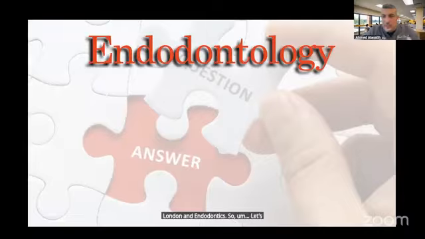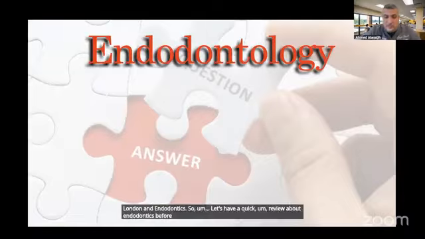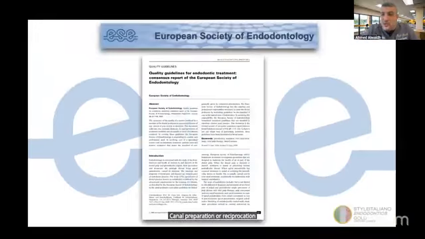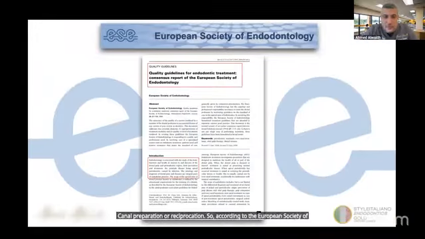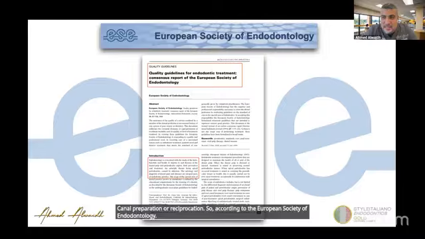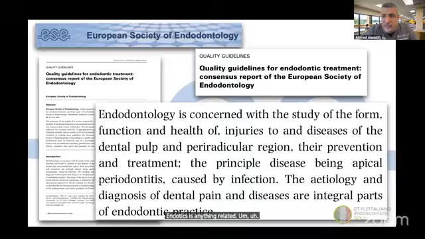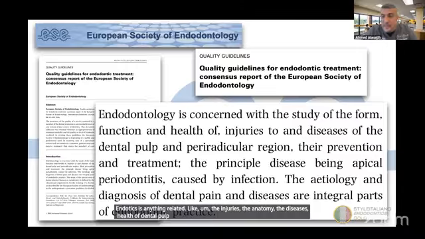Let's have a quick review about endodontics before we jump to canal preparation or reciprocation. According to the European Society of Endodontology, endodontics is anything related to the injuries, the anatomy, the diseases, and health of dental pulp tissue and periradicular tissue.